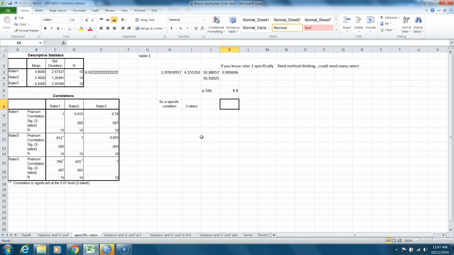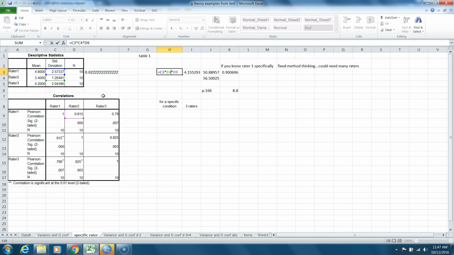For the numerator, I'll run through the first portion: the standard deviation of rater 1, the standard deviation of rater 2, times rho 1,2. That's just the rater 1 standard deviation and rater 2 standard deviation and how well they correlate together. In this case, we're taking 2.57 and 1.26, and multiplying that by 9.5. You should see that in the textbook as well on page 166.